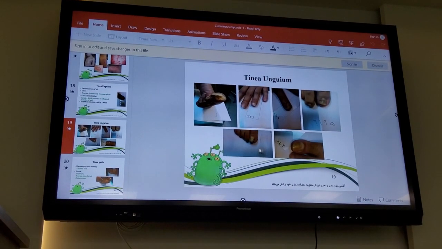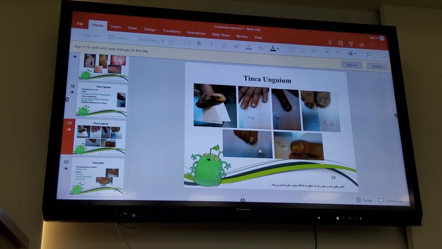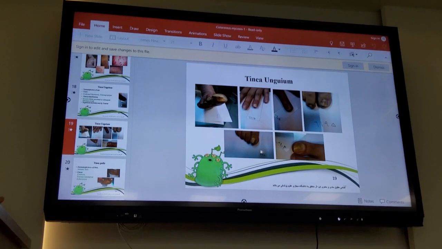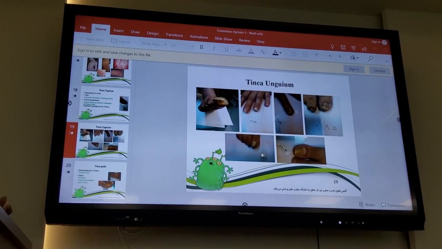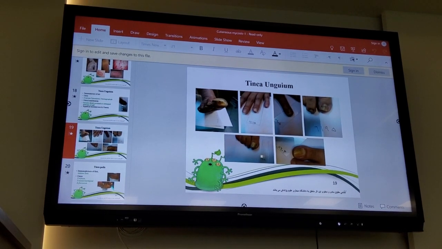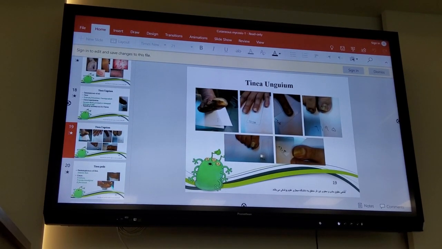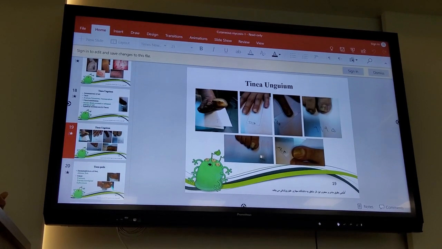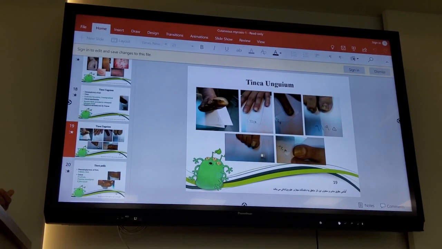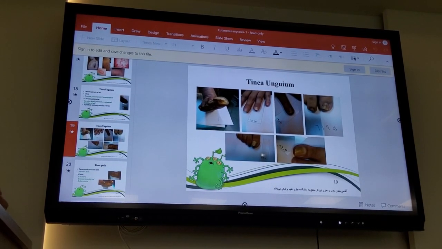It is very important because the treatment is different. If you have a deficiency of vitamin or mineral, the treatment is administration of multimineral. But if you have tinea unguium, you must administer an antifungal drug. It needs a correct diagnosis.